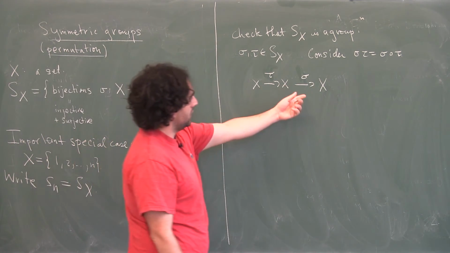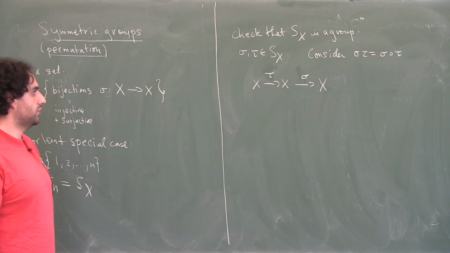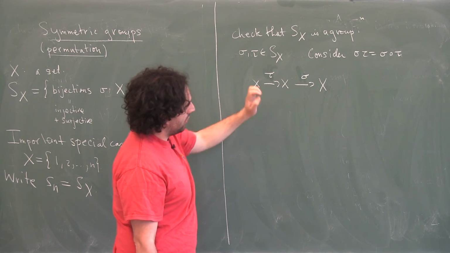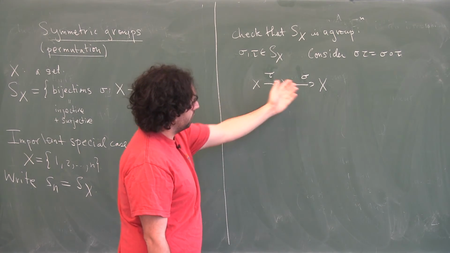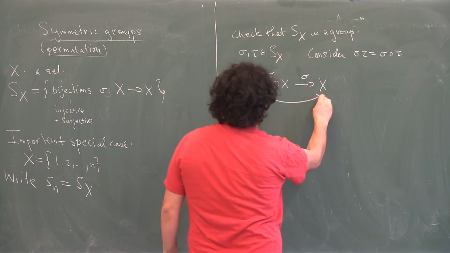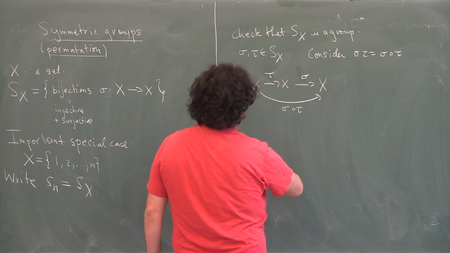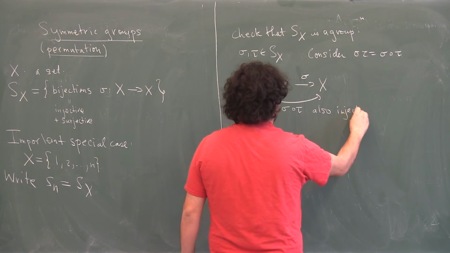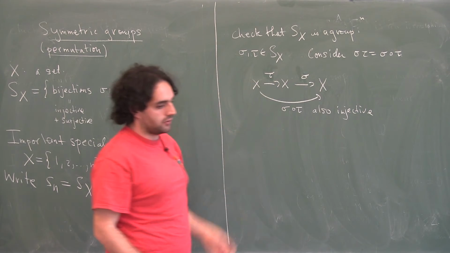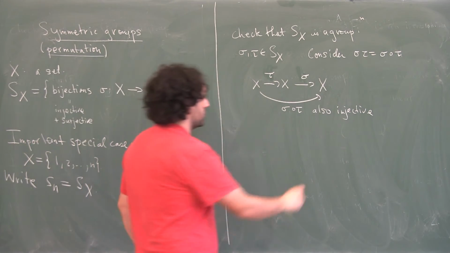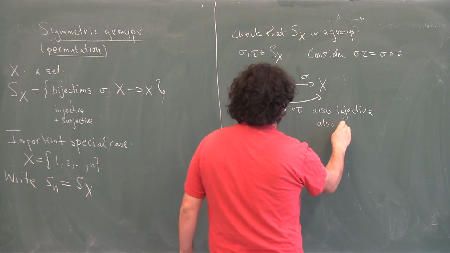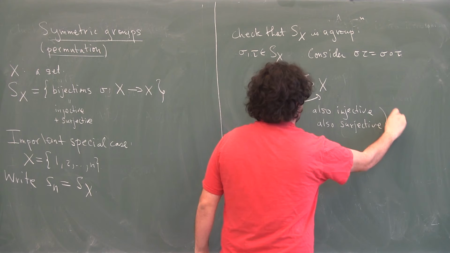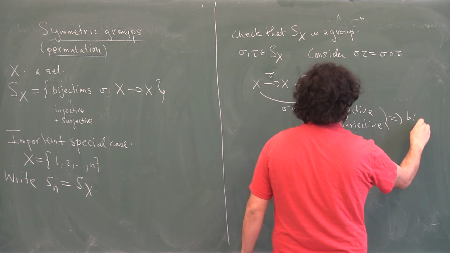And now we want to see that this is again a bijection, and that is clear because tau and sigma are both injective, so the composition sigma composed with tau is also injective, and because tau and sigma are both surjective, their composition is also surjective, so it's bijective.